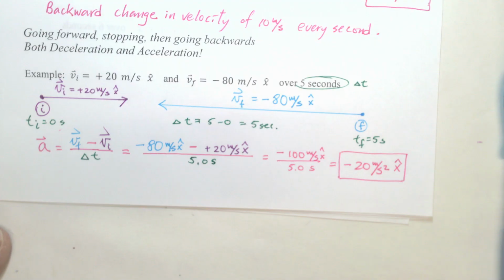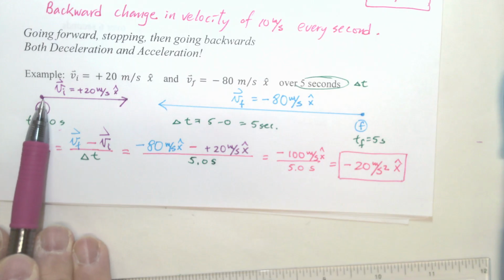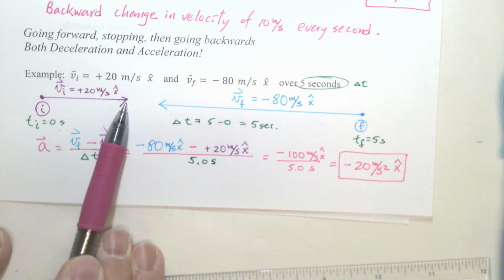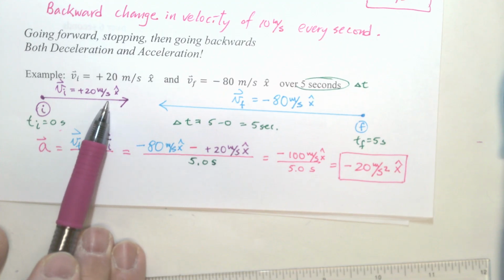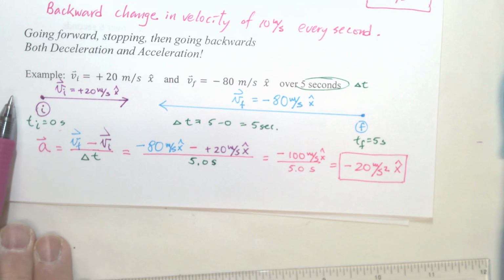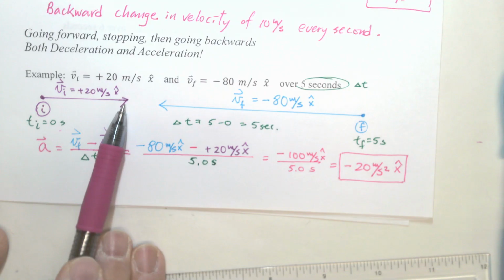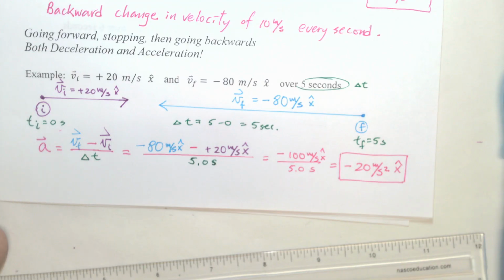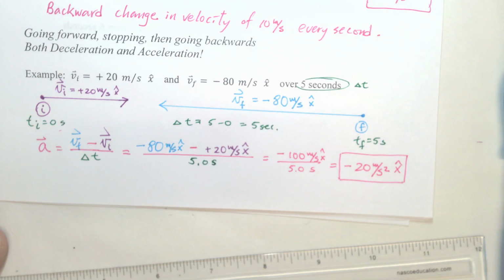You would stop instantaneously. So it's going to go this way, 20 meters per second, slow down, slows down, stop instantaneously. And then you'll be accelerating in the negative direction, 20 meters per second every second. So 2 seconds later, you'll be going negative 20 meters per second. 3 seconds later, negative 40 meters per second, and so on.